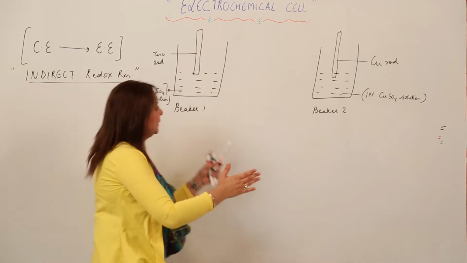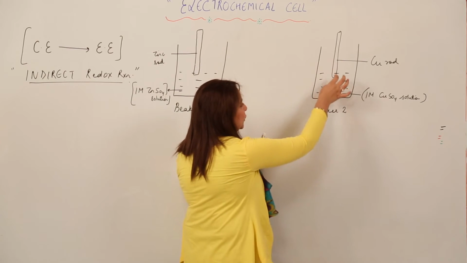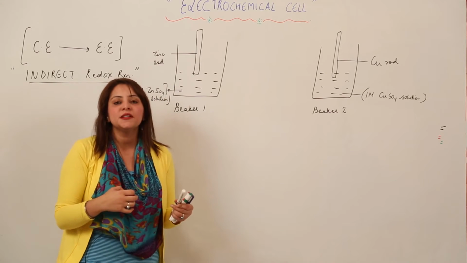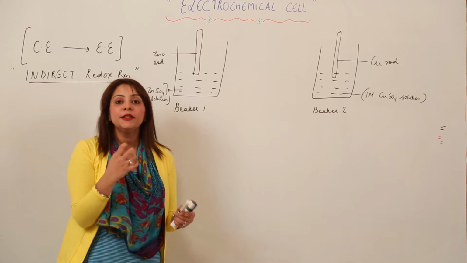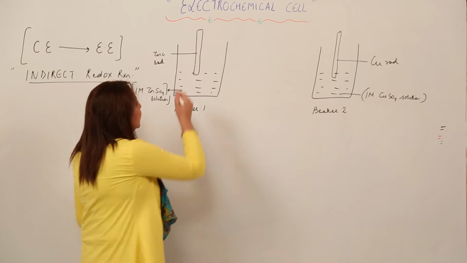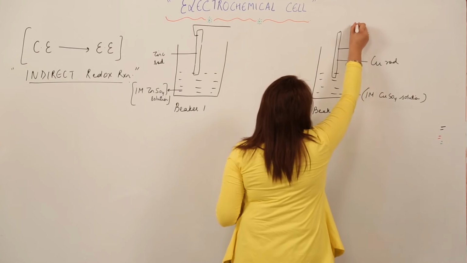Is it okay? Beaker 1 contains the zinc rod and ZnSO4 solution, and this is the copper rod dipped in copper sulfate solution. Now we need to connect these two beakers because the oxidation and reduction will take place in them, and we need a certain contact between them through which the electrons can flow. So how are they connected? These electrodes are connected by means of a wire.